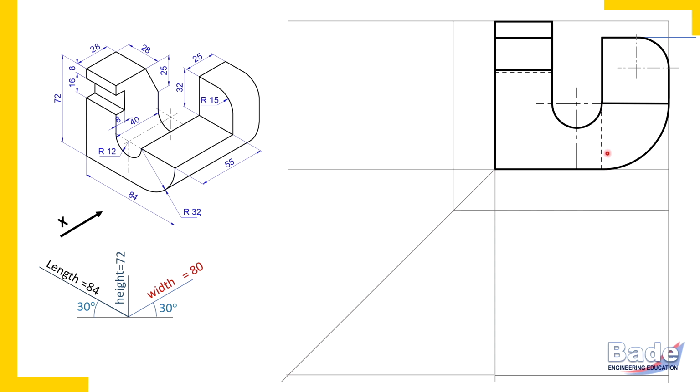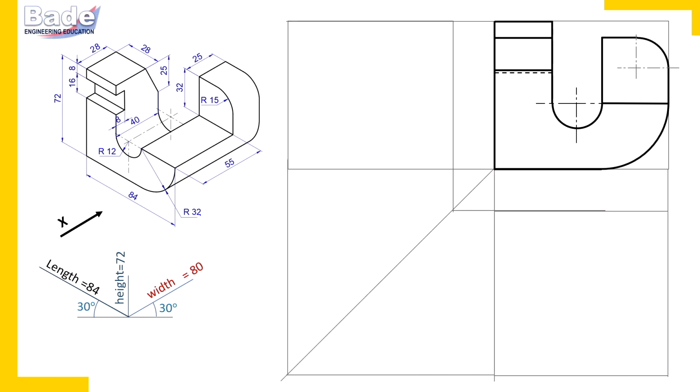So this hidden edge is actually from top to bottom. In this portion, that hidden edge is coinciding with a visible edge. When a hidden edge coincides with a visible edge, then the visible edge is important. So here, this is the visible edge. So this is how we have completed the front view. Now let's proceed to the top view.